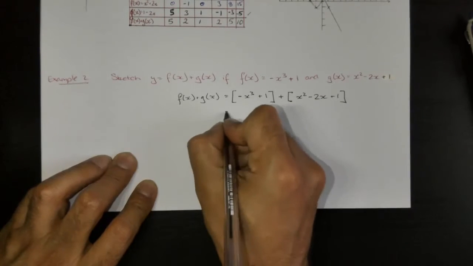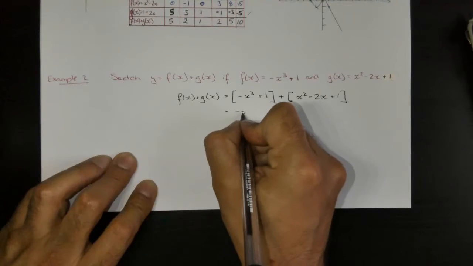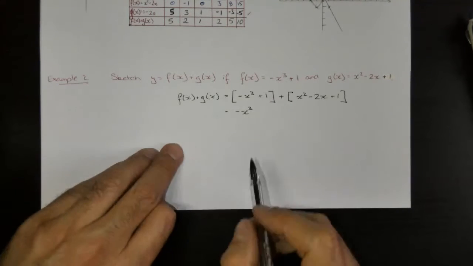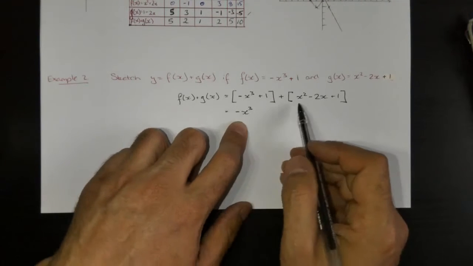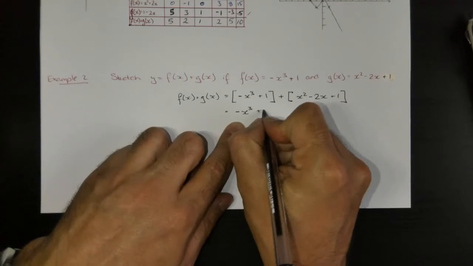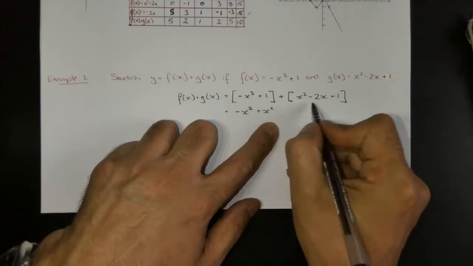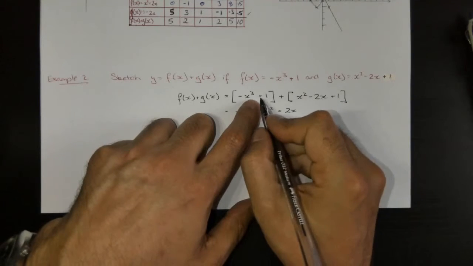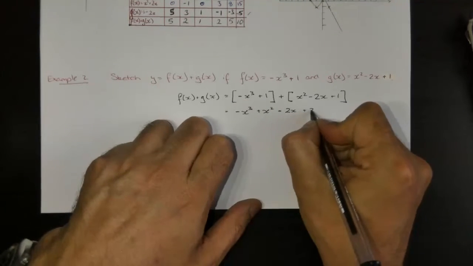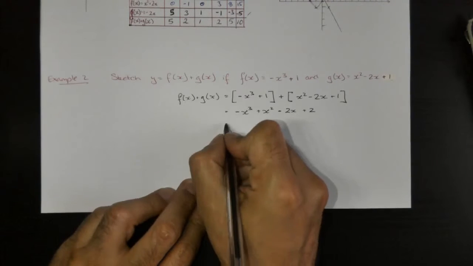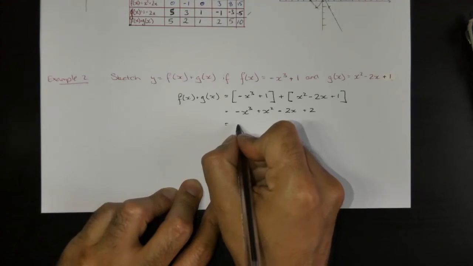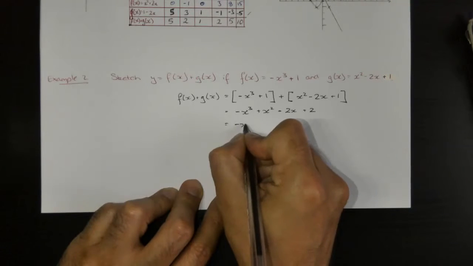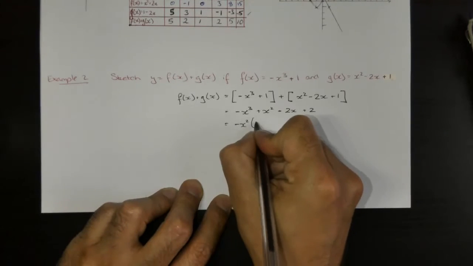Alright, so I don't have any other x cubes. I have a positive x squared, I have a negative 2x, and 1 plus 1 is 2. Now I'm going to factorize by grouping in pairs. So I'll take out a negative x squared.